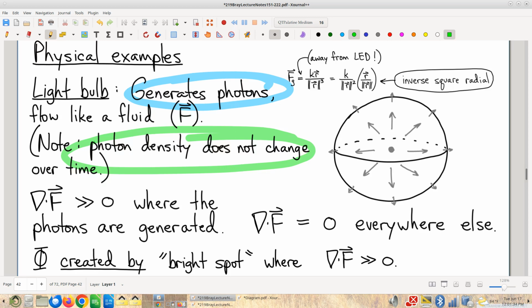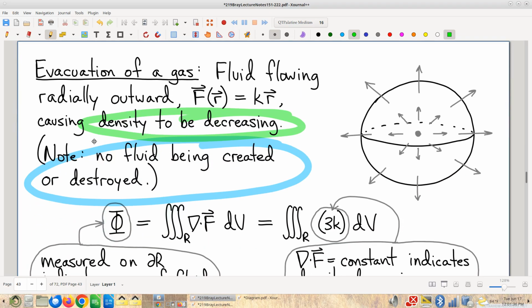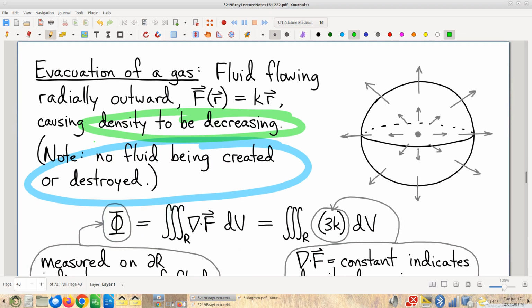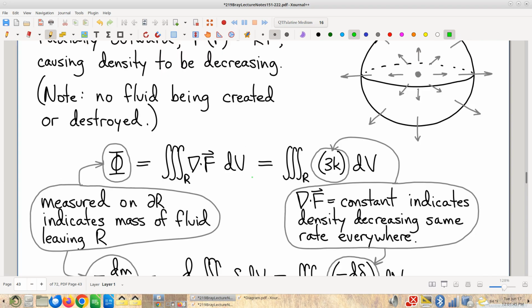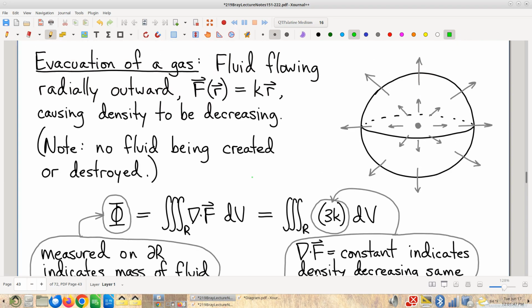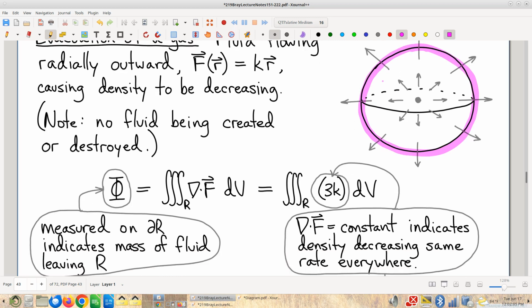All of our interpretations we have to redo because it's a different deal. And here's the way I like to think about it. Let's imagine some sphere like that.